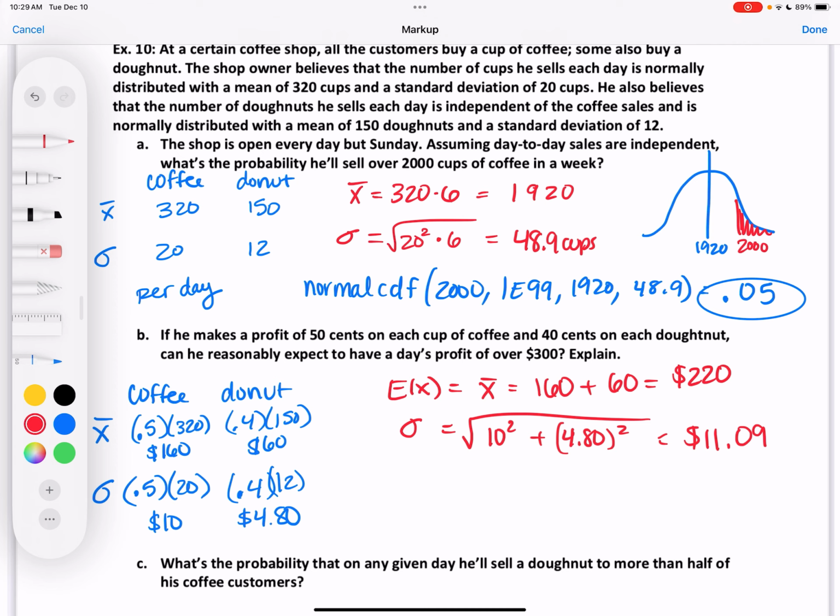So I need to find the z-score, which is what they want to make. So 300 minus the mean of 220 over the standard deviation of 11.09, which is 7.21.